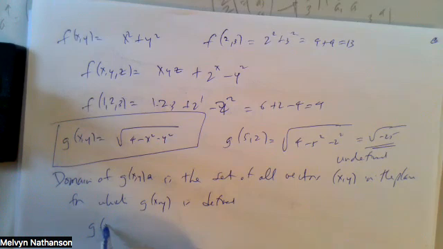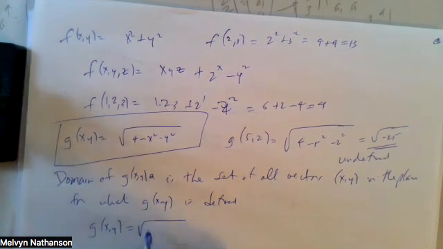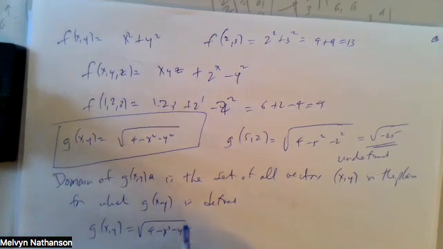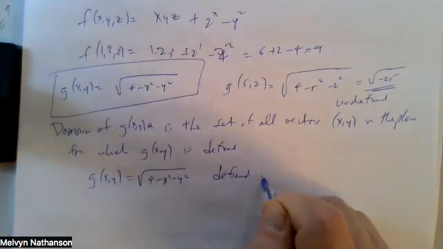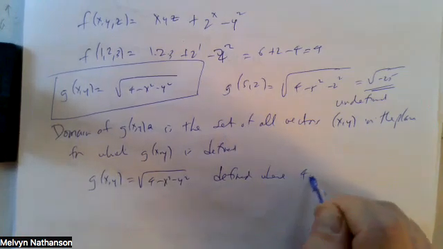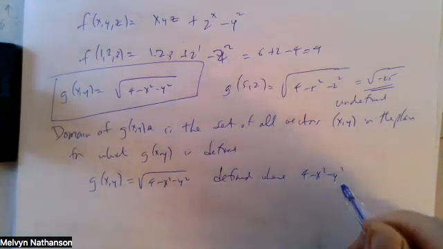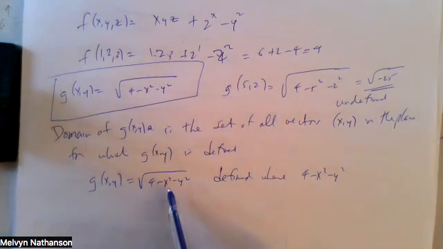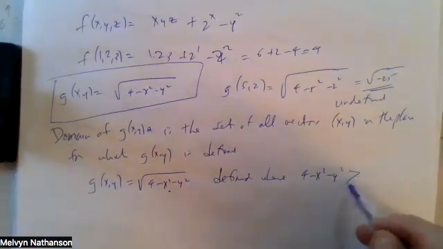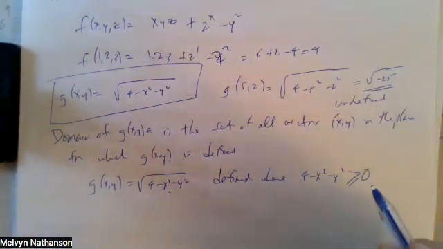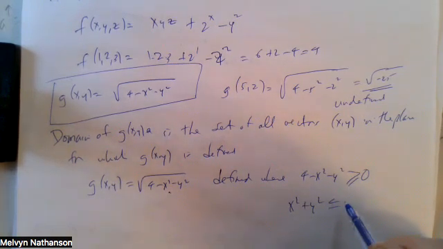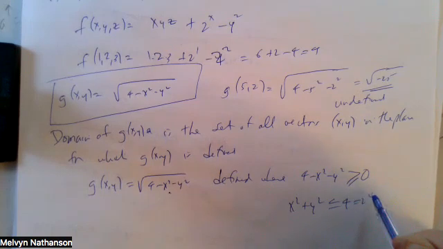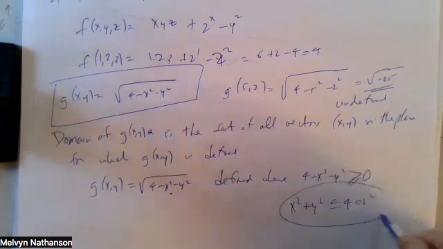So if g of x, y is the square root of 4 minus x squared minus y squared, this is only defined where 4 minus x squared minus y squared, you can't take the square root of a negative number, so it's defined where this is greater than or equal to 0, which is the same as x squared plus y squared less than or equal to 4, or 2 squared. And what is this in the plane?